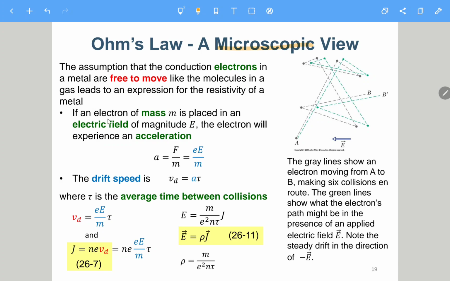Okay, so if an electron of mass m is placed in an electric field of magnitude E, the electron will experience an acceleration. So if you place an electron in the E field, then it will move. This is what we learned in chapter 22.